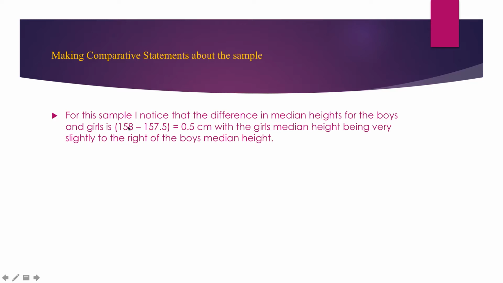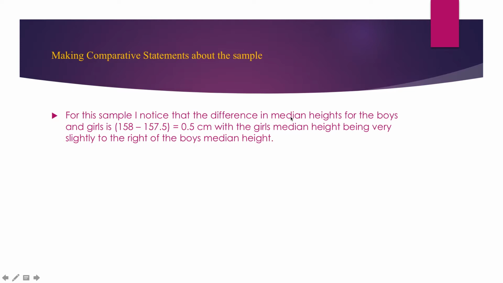And this is the girls' median and this is the boys' median, with the girls' median height being very slightly to the right of the boys' median height. So we've said this is only for the sample, and we've said that the girls' median is slightly higher than the boys by 0.5 centimeters. That's context, and they must be present.